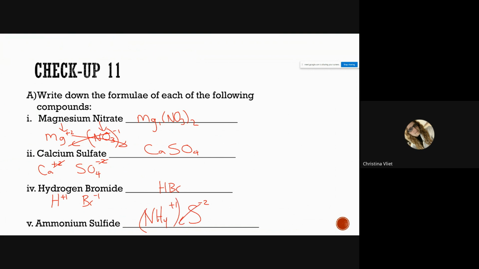Crisscross. NH4, 2, S, 1. Do you have to write the one at the bottom for sulfur? No. Do you have to write NH4 in parentheses? Yes, because there's more than one. And so that's ammonium sulfide, (NH4)2S.